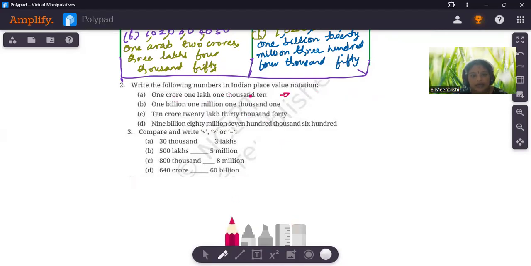1 crore, 1 lakh, 1,010. So 1 followed by 7 zeros is 1 crore. Now 1 lakh is there. So what you can place? 1 lakh over here. Next 1,010. So in thousands place, you can place 1 and 10.